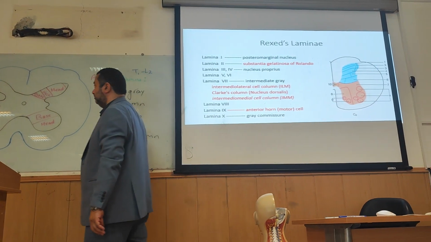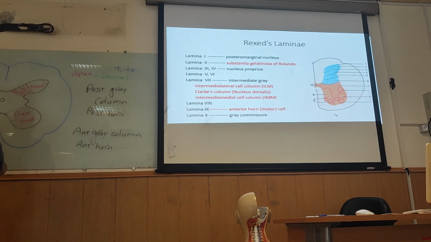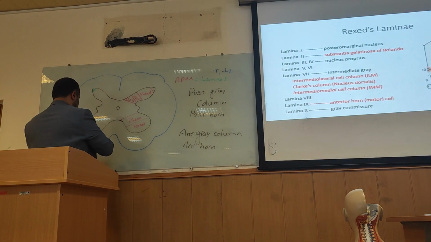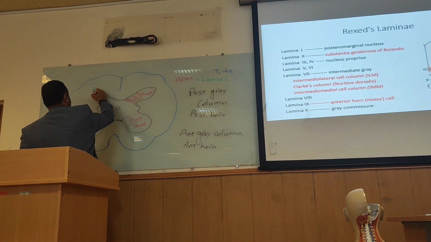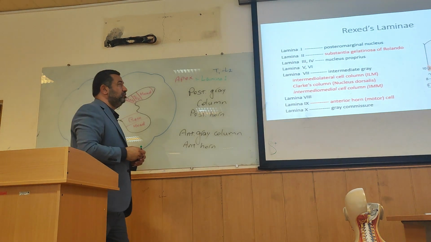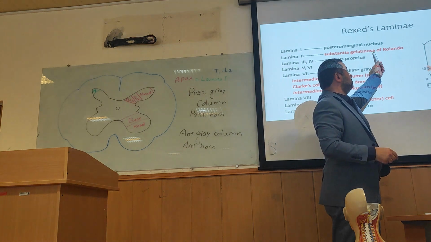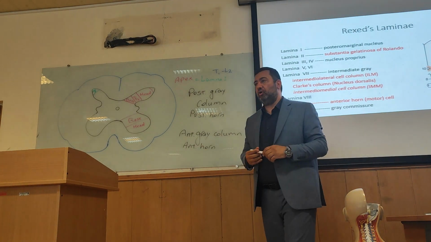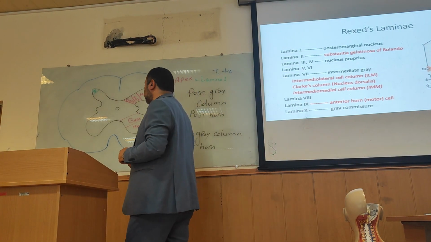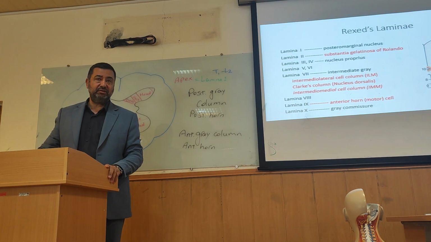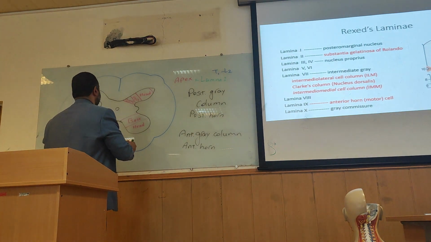Posteromarginal lamina. Lamina 2 is called substantia gelatinosa rolandi, or substantia gelatinosa of Rolando. Substantia gelatinosa rolandi.